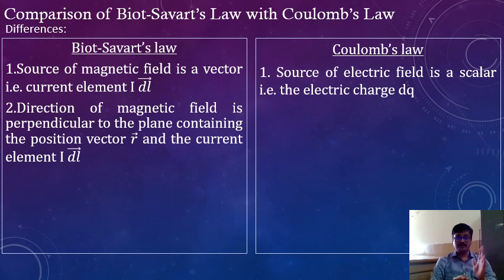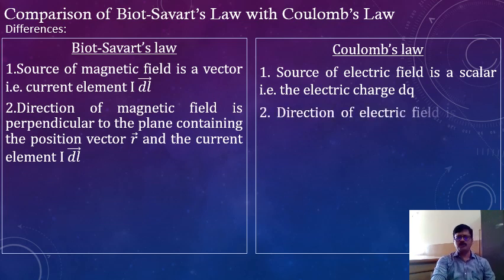Here the two vectors are vector dl and vector r, and if you draw a parallelogram containing these two vectors, then the cross product will have a direction along the perpendicular drawn to this parallelogram. I hope it is clear. So we can comfortably understand that the direction of the magnetic field is perpendicular to the plane containing the position vector, vector r, and the current element I into vector dl. I hope it is clear.